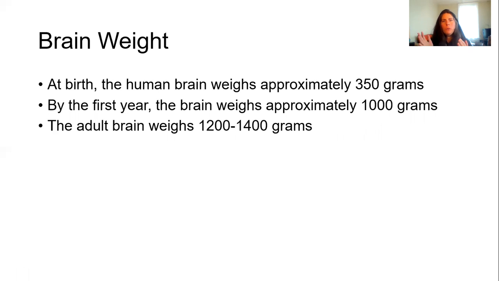However, we are continuing to learn. Our frontal cortex especially is continuing to develop. So this is going to be a function of the connections that are made among neurons and the organization of particular areas of the brain.